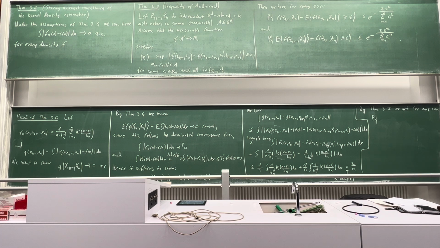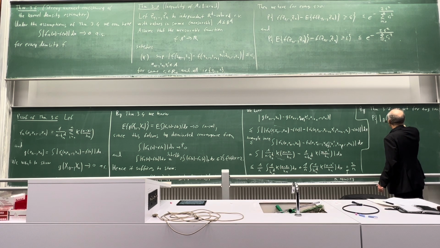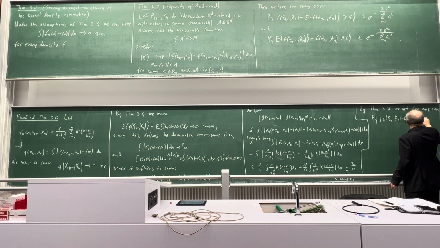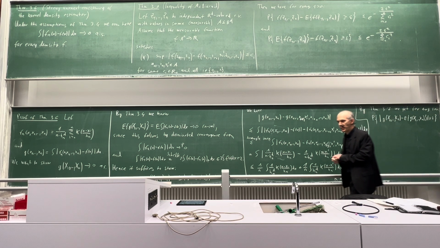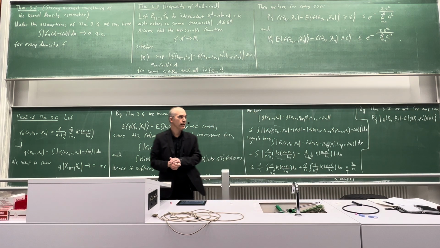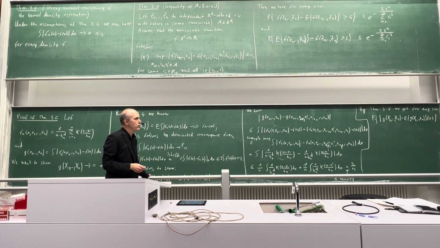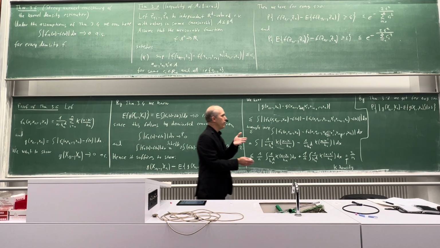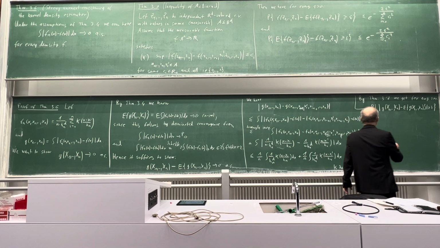So I look at the probability that the absolute value of this is greater than or equal to epsilon, and I can rewrite the event that the absolute value is greater than epsilon as: either the difference is greater than epsilon or minus the difference is greater than epsilon.